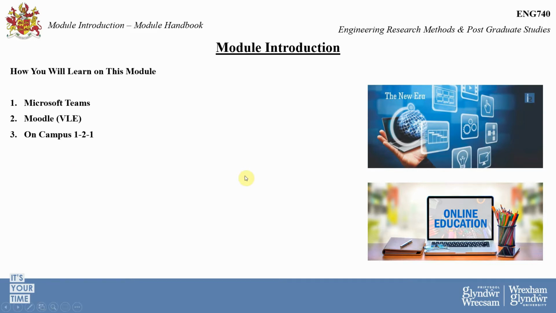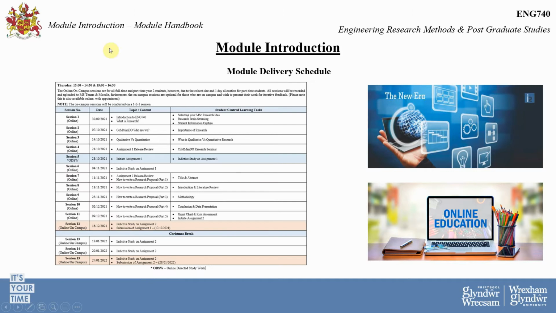So again, module delivery, this is indicating when we have online directed study weeks, which some people call half term, where there will be no online teaching, but there will be some online support where you'll be doing indicative study on your assignment 1.